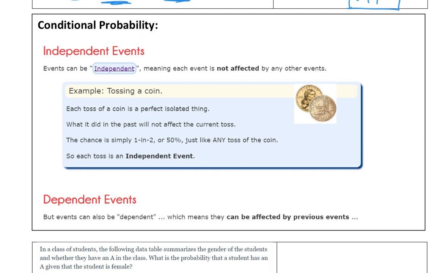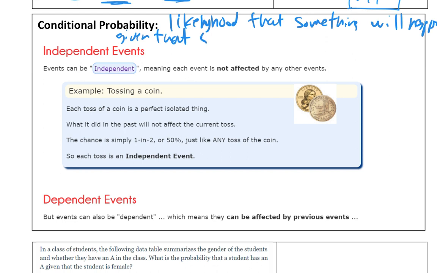Conditional probability means the likelihood that something will happen given that something else has already happened.